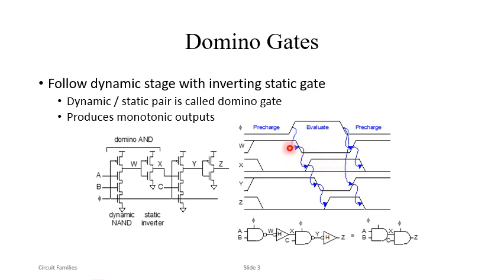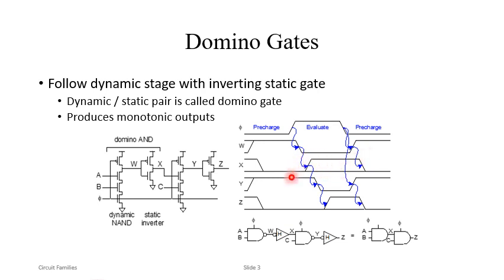In pre-charge mode the clock phi is 0, so the clocked PMOS is on and the output is high. In the evaluation mode the clock phi is 1, so the clocked PMOS turns off and the output may remain high or may be discharged to low through the pull-down network.